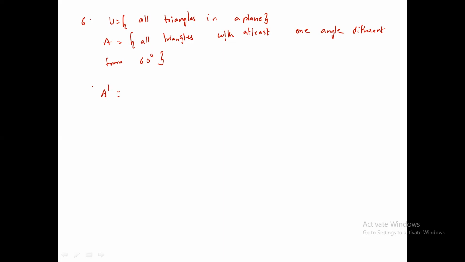Because in A, you are taking one angle different from 60 degrees. So in A dash, all angles are 60 degrees. That means A dash is the set of equilateral triangles.